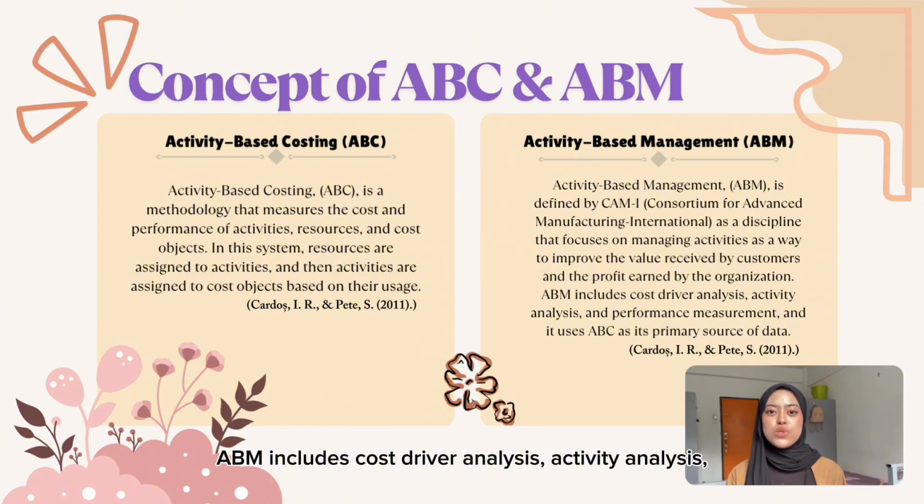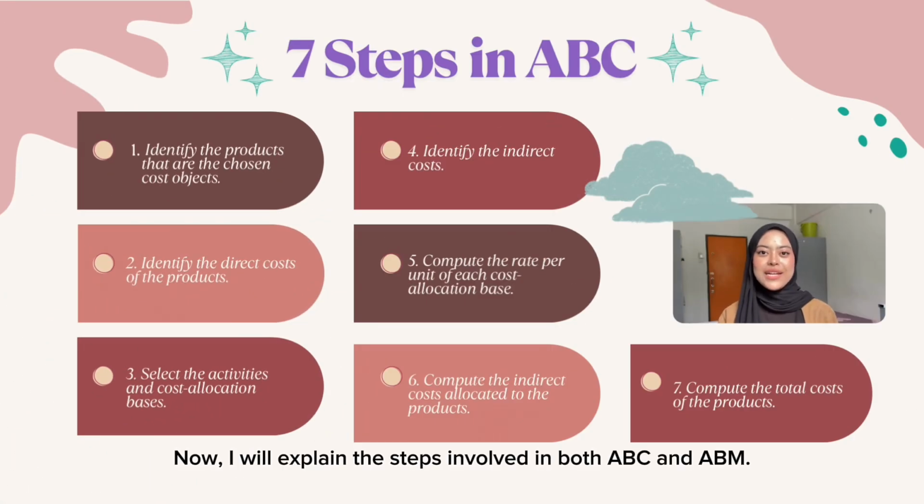ABM includes cost driver analysis, activity analysis, and performance measurement, and it uses ABC as its primary source of data. Now, I will explain the steps involved in both ABC and ABM.